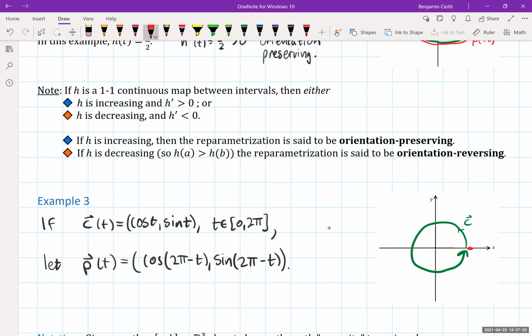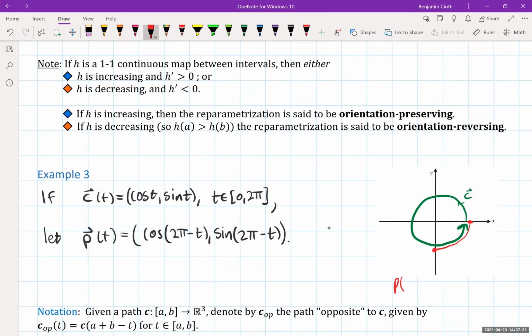It starts at (1, 0). At pi over 2, it's right here. P of pi over 2 is cos of 3 pi over 2, sine of 3 pi over 2. So in this case, P moves in the opposite direction around the circle.